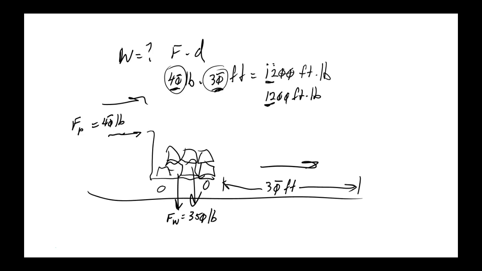If this would have been a 45 here, okay? 45 times 30 is what? 1,350 foot-pounds.